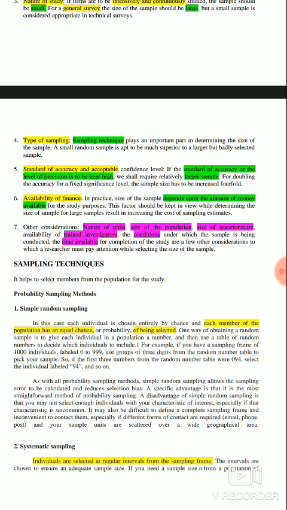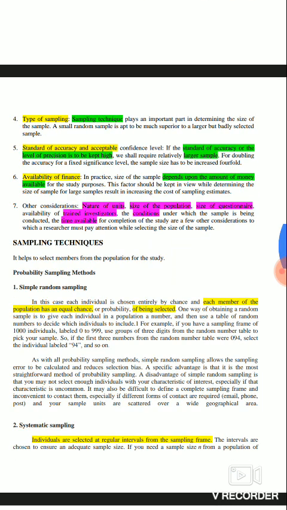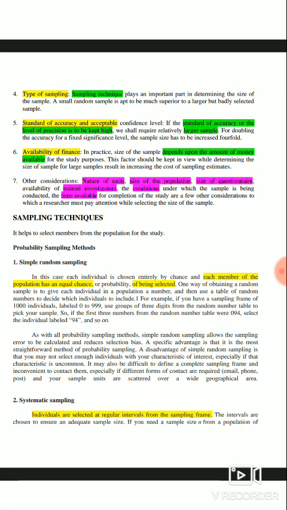Fifth one, accuracy. If you want an accurate result, the researcher needs to take more samples. Then only the outcome of the result will be accepted by the audience. And the sixth determining factor is finance, the availability of money with the researcher.